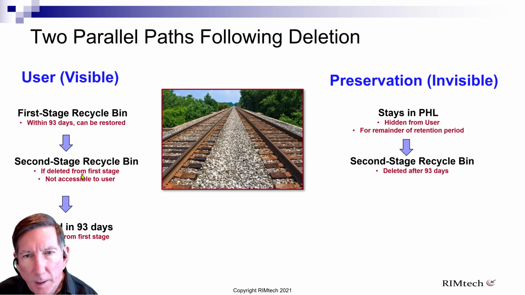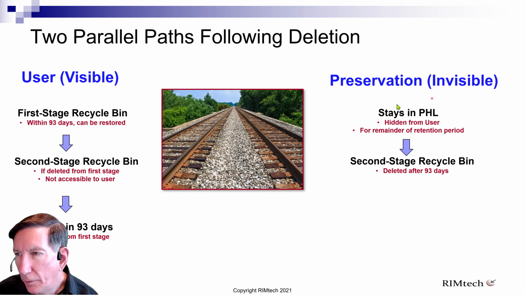Well, here's what happens. If it's deleted from that recycle bin, then a copy moves to the second stage recycle bin, which is not available to the end user, okay? And then it stays in that recycle bin for 93 days and then it's deleted, okay? So that's what the user perceives.